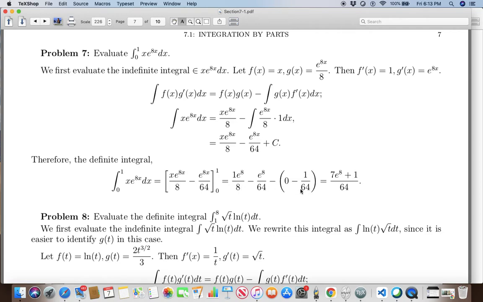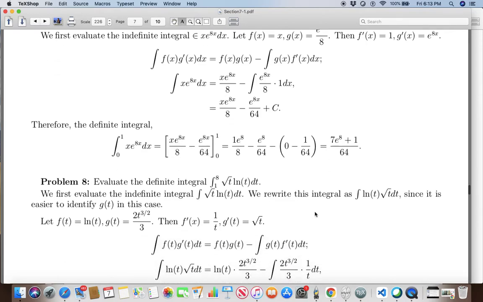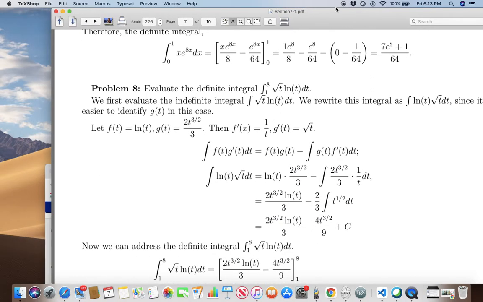So here is e to the 8 over 64 plus 1 over 64, and this is 1 e to the 8 over 8, multiplying top and bottom by 8. That's an 8 minus 1, 7 e to the 8 plus 1 over 64.